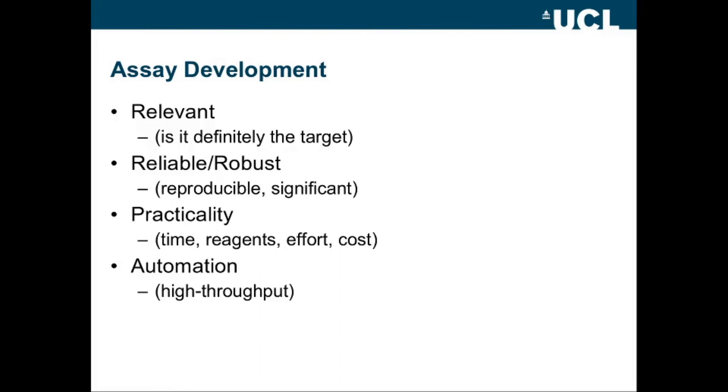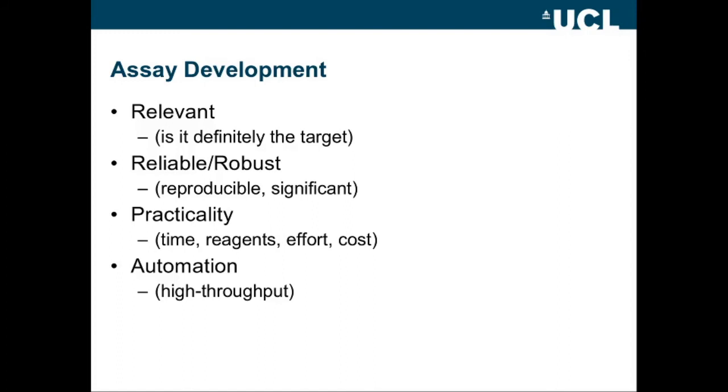Now, I mentioned the importance of assays a couple of times. So when developing a good assay, there are a number of things that need to be taken into account. First of all, is the assay really relevant? Is it definitely an effect on the target of interest that we're measuring? Second, is it reliable and robust? In other words, can we reproduce it and get the same effects?